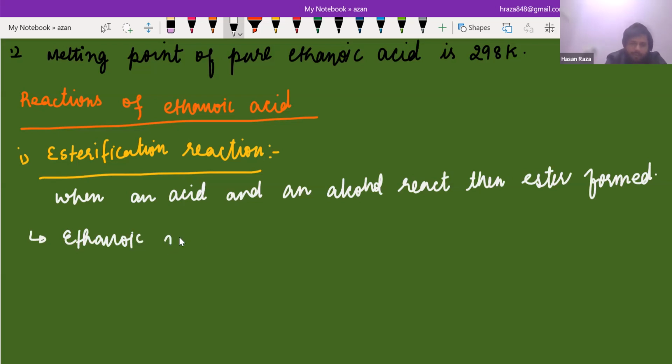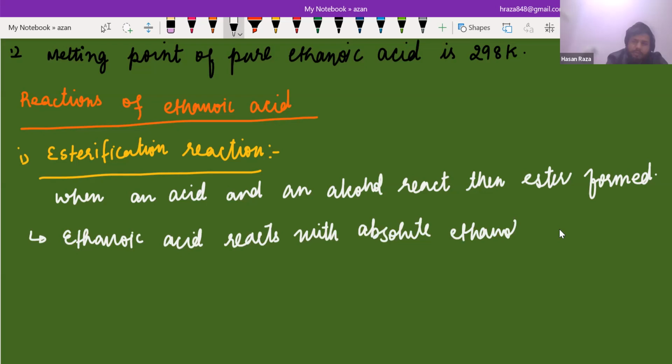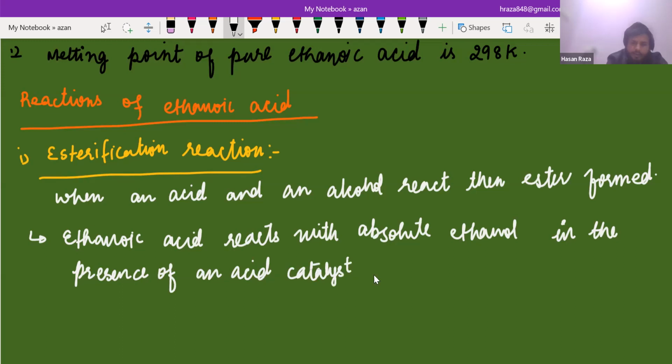So ethanoic acid reacts with ethanol, or we can write absolute ethanol, that means pure ethanol, in the presence of an acid catalyst to give an ester.